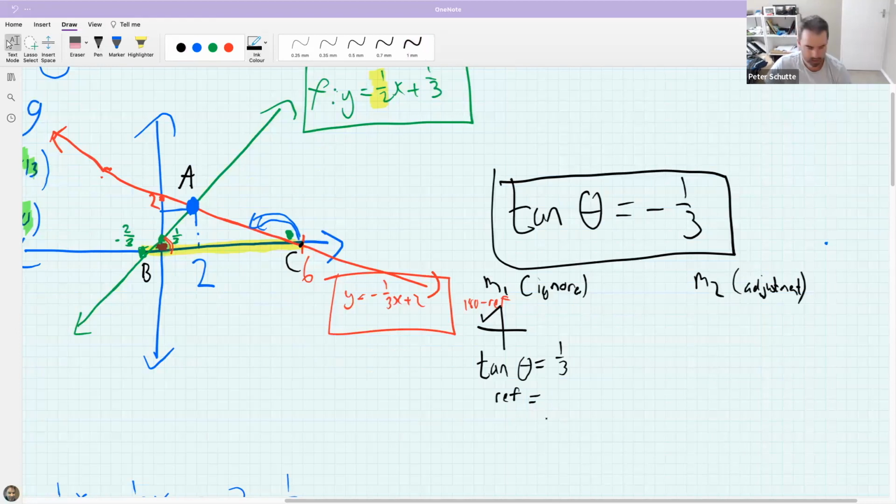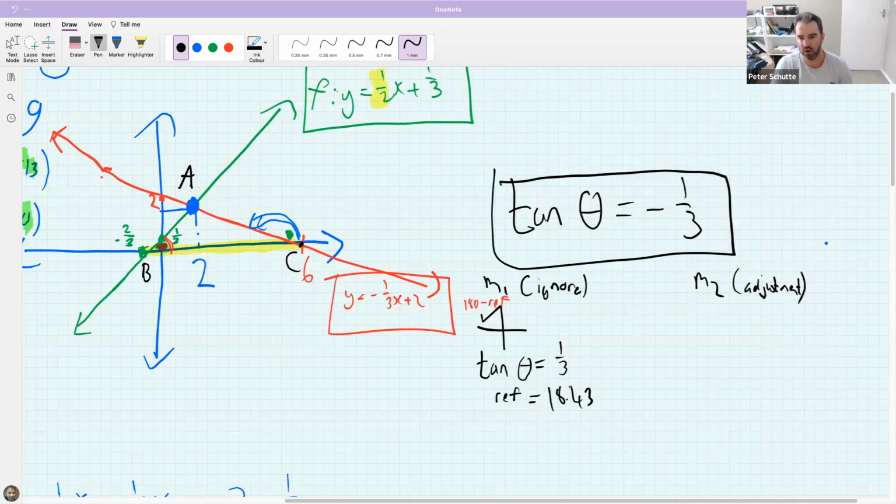So if I put shift tan 1/3, I get 18.43, but that is not the correct answer. It's way, way too small.